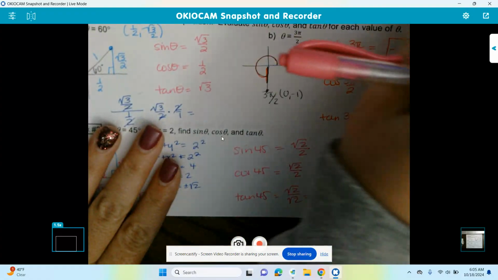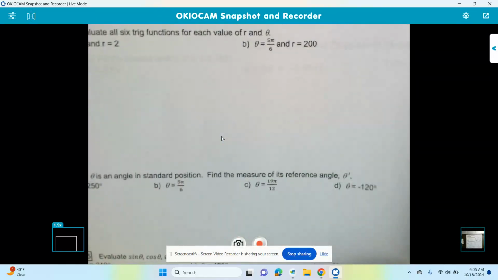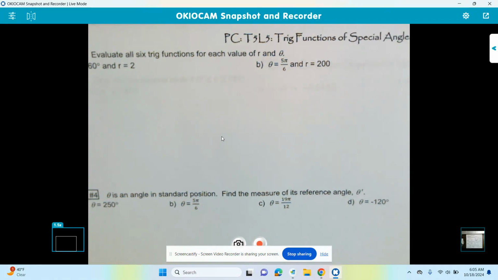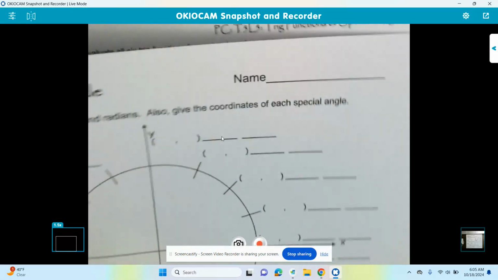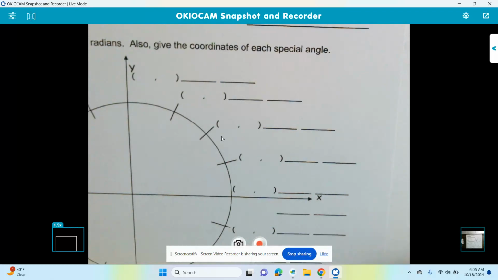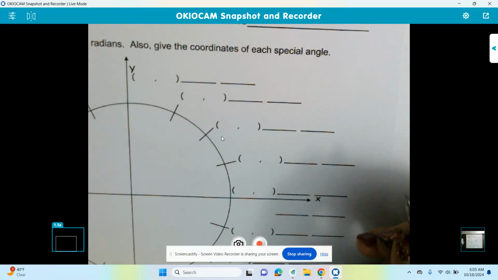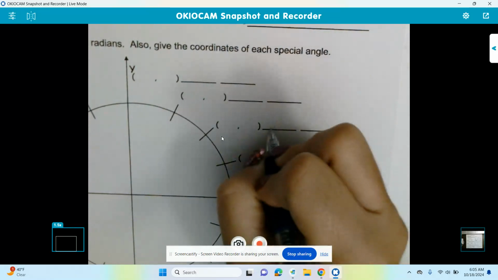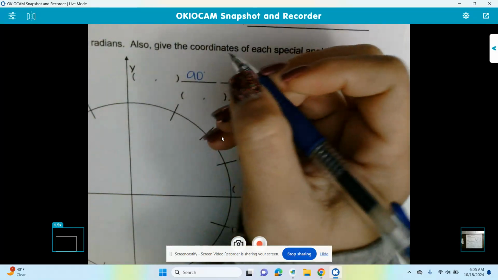All right, so let's go ahead and fill in our unit circle. So grab your unit circle. Let's go ahead and fill it in and get what we need to know. Remember, I don't have my original one with me, so I'm going to try to fill that in as best I can real quick. So let's go 0 degrees, 30 degrees, 45, 60, 90.